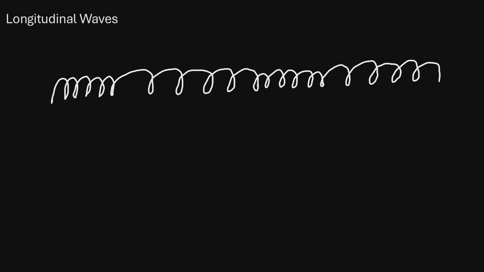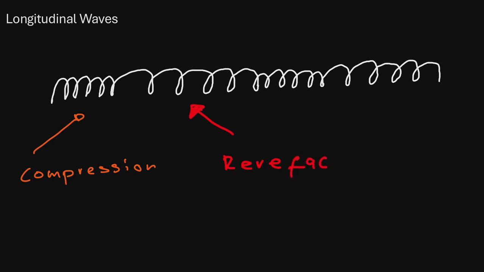Now the region of the wave whereby the particles are closed together, we call this region a compression. So this is a compression because the particles are closely packed together. But the region whereby the particles are further apart, we're going to call a rarefaction.